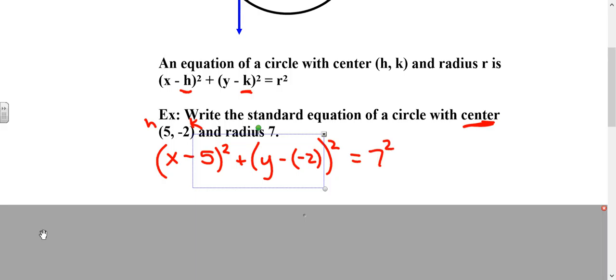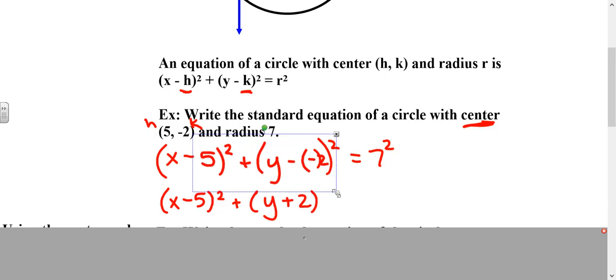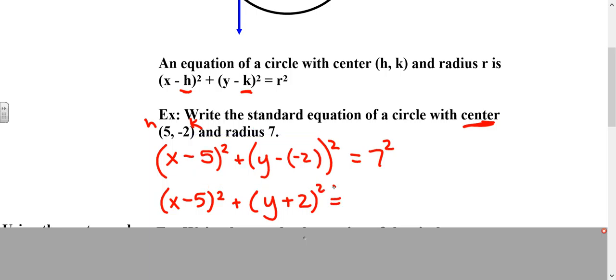Now we could simplify this a little bit, so we're going to go ahead and do that. So (x - 5) squared, we can just leave that as it is. But when I have minus and negative, that's the same as addition. So I'm going to change this to (y + 2) squared. And then 7 squared would be equal to 49.